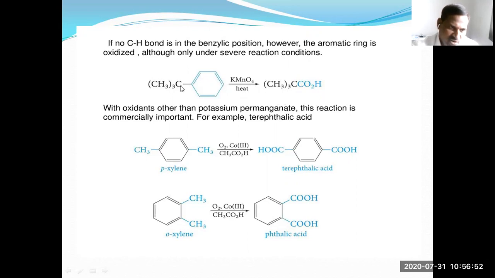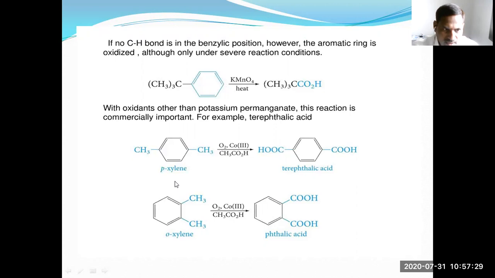Only the side chain is oxidized and converted into benzoic acid, having definitely a benzyl hydrogen. That's the only case we can get benzoic acid. Whereas in tertiary butyl benzene, there is no benzyl hydrogen. That's why in the oxidation reaction, it does not give aromatic benzoic acid.